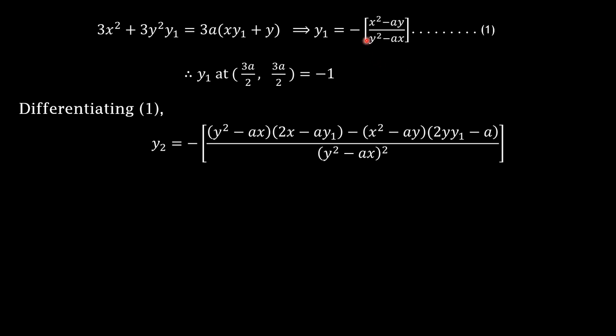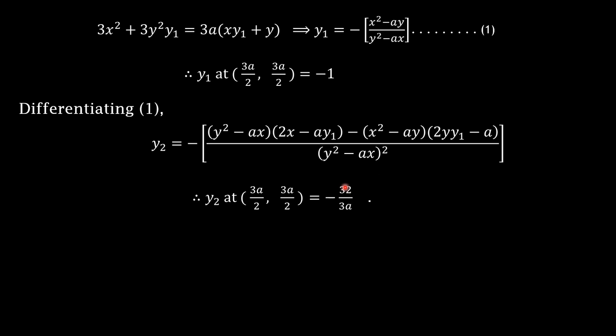What is the differentiation of the denominator? Differentiation of y square is 2y y1 minus ax. Differentiation of ax is a, right? Divided by denominator square, which is nothing but (y square minus ax) whole square.